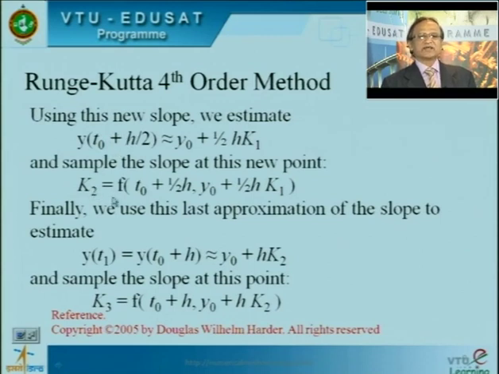And similarly, you can calculate k2, f of t naught plus h by 2 comma y naught plus h by 2 k1. Finally, we use this last approximation of the slope to estimate y of t1, t naught plus h, that is equal to y naught plus h into k2. The slope at this point is k3, equal to f of t naught plus h, y naught plus h into k2. Okay.